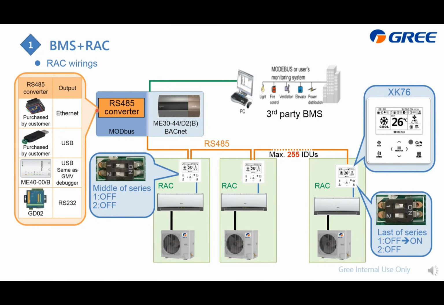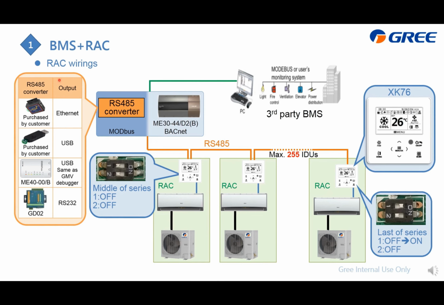As the PC cannot recognize the RS485 signal, we need the RS485 converter if the protocol is Modbus. And if your protocol is BACnet, you need to apply this ME30 to change the signal from Modbus to BACnet. Then the PC or the BMS system can control all these 3 RACs.